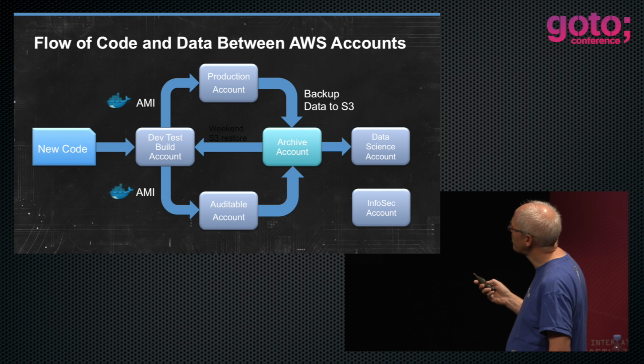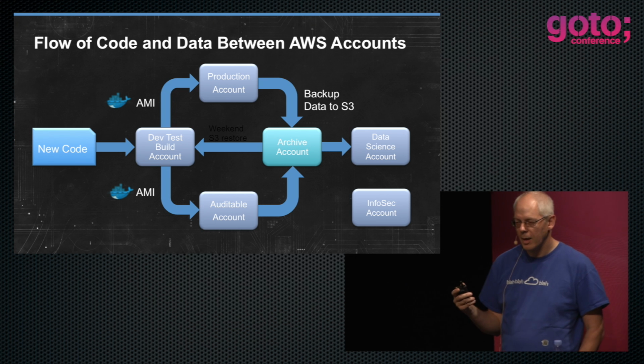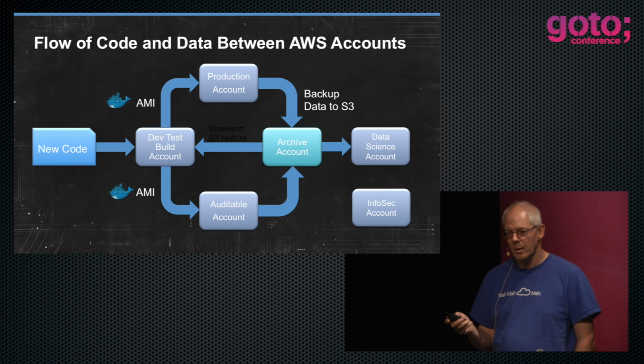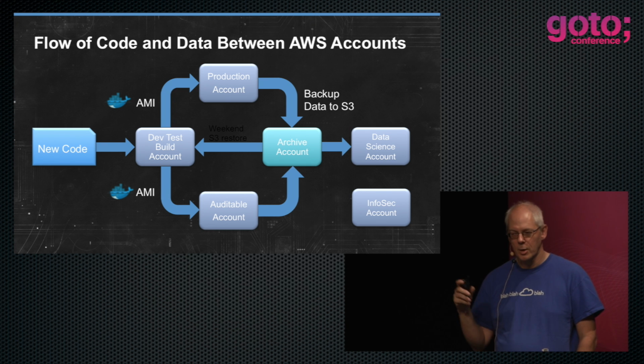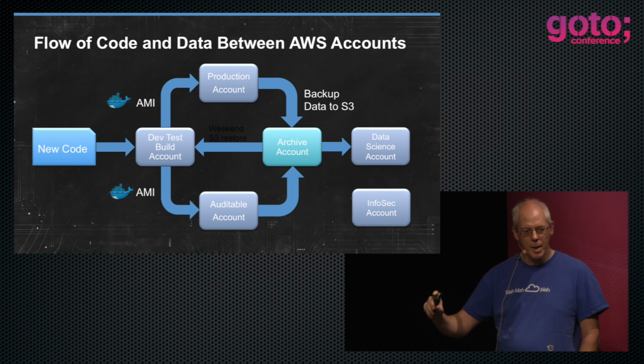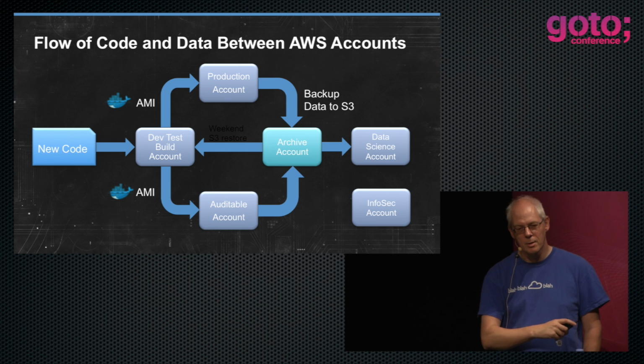So the backups from these production accounts are all stored into an archive account, and the archive account is an AWS account which only has S3 in it. There's no running code. You put it in a different region. You home the buckets in a different region, so when you copy something to it, it gets copied out of your region.